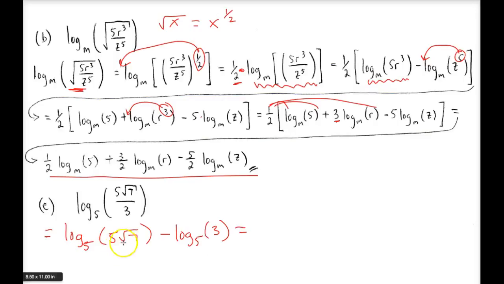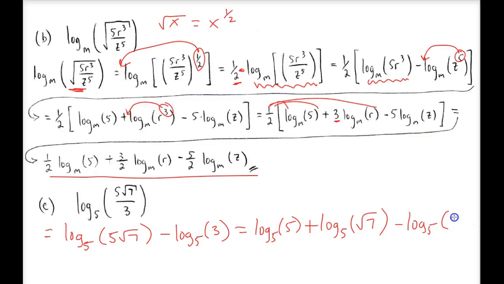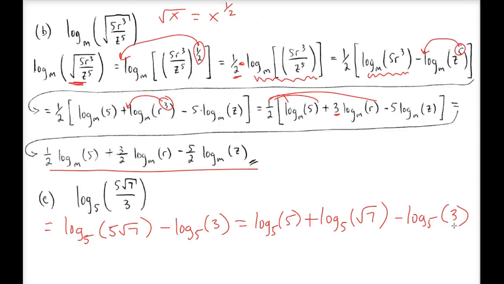And then from here, we see that 5 root 7 is the same as 5 times square root of 7. So we're going to rewrite this as log base 5 of 5 plus log base 5 of square root of 7 minus log base 5 of 3.